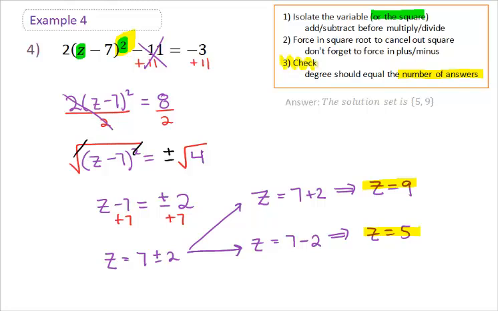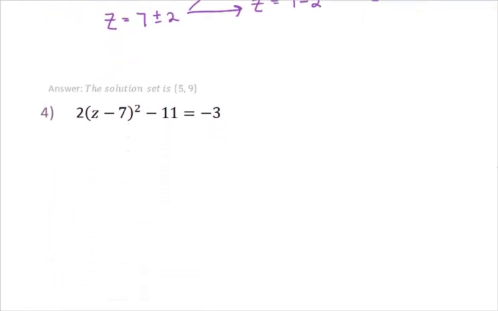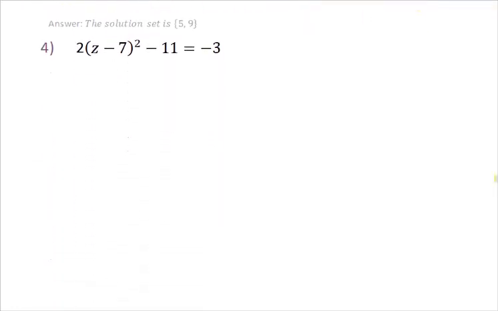Now let's double check to make sure that each of these answers works out properly. Plugging them back in to my original equation, let me first start with v is equal to 5. Plugging it back in for the variable that we see.